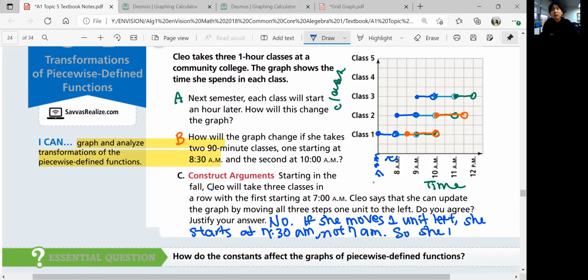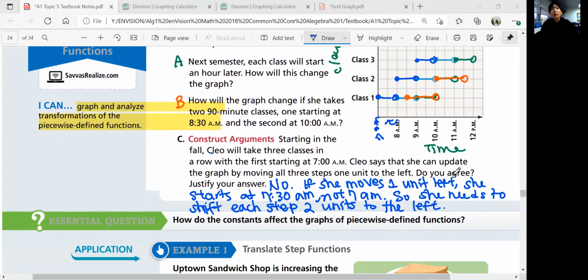So she needs to shift each step 2 units to the left. That was an example of moving and shifting, transforming a step function.